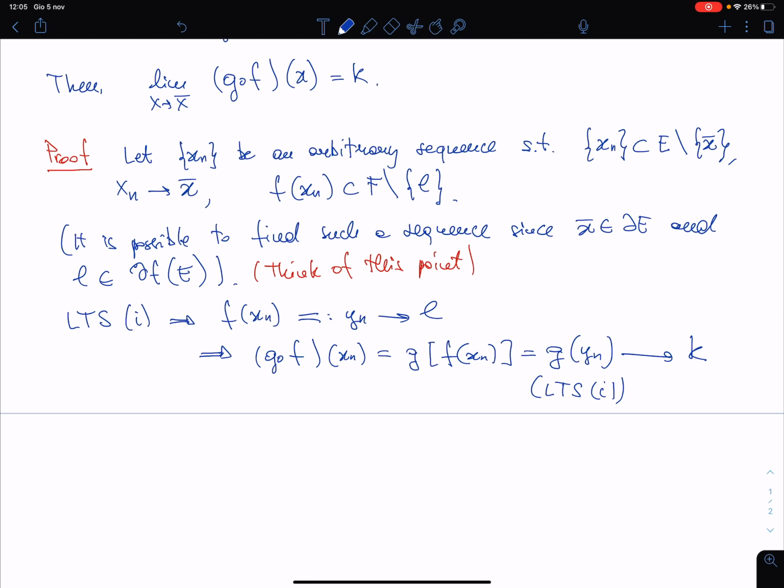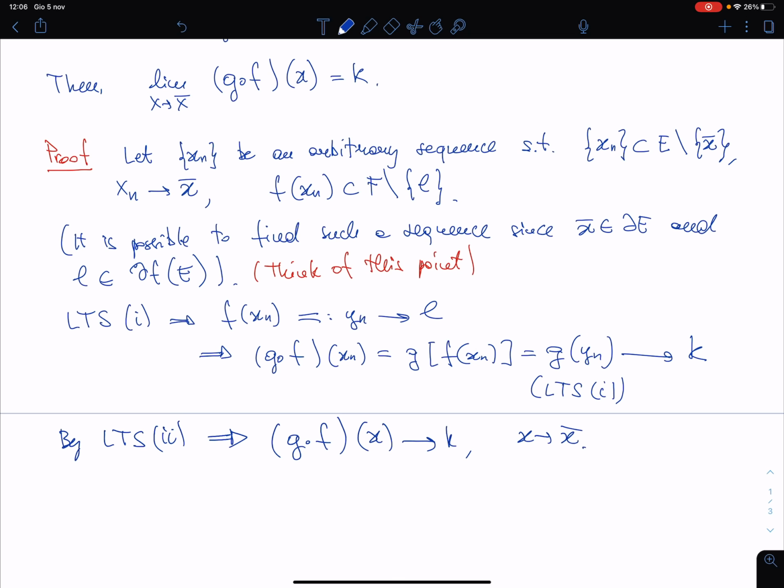Remember that LTS2 requires the arbitrary character of the sequence we are using. So by LTS2, we have that G composed f of x tends to k for x going to x bar.